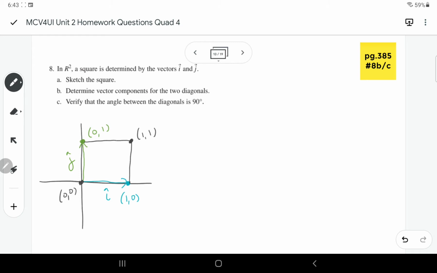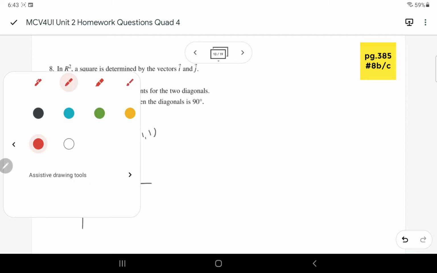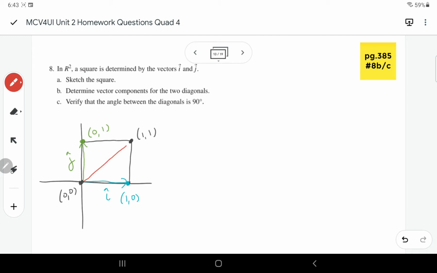So we want to determine the vector components for the two diagonals. So I'm going to call that D1, and that's going from the origin to the point (1, 1). So that's going to be <1, 1>. And then D2, that's going from the point (0, 1) to the point (1, 0).